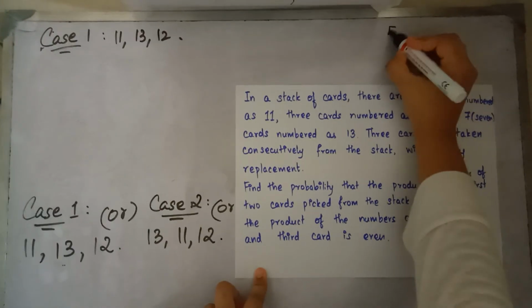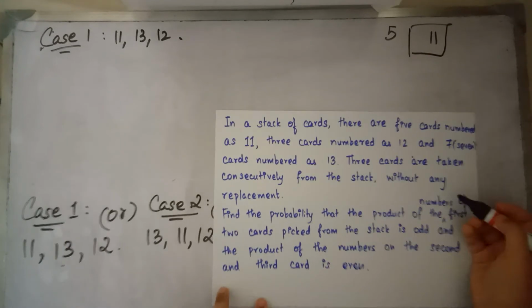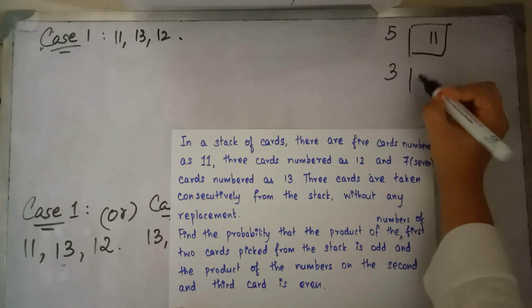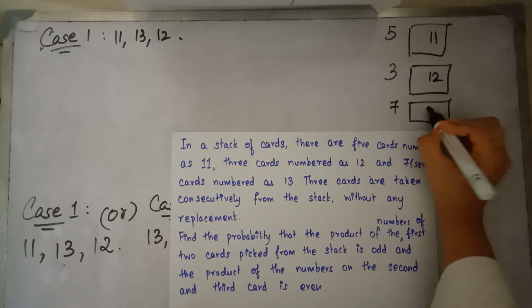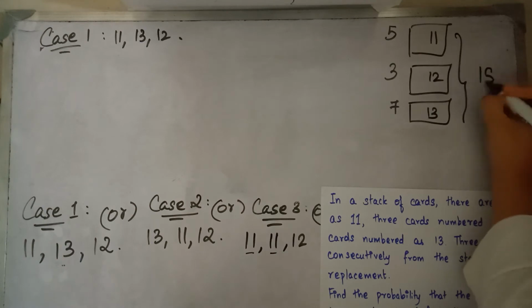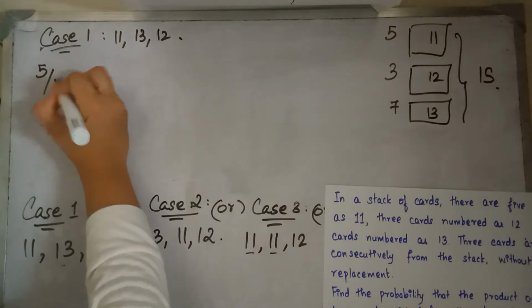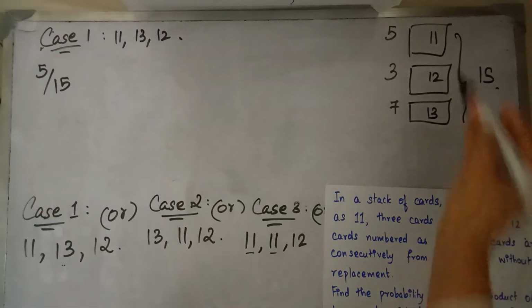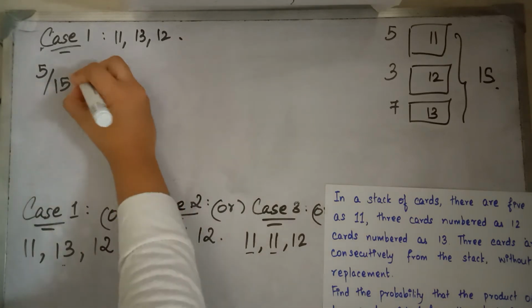There are 5 11 cards and 3 cards that are 12 and 7 cards that are 13. Totally there are 15 cards. So the probability of me getting 11 would be 5 by 15 because there are 5 cards that are 11 and then there are totally 15.